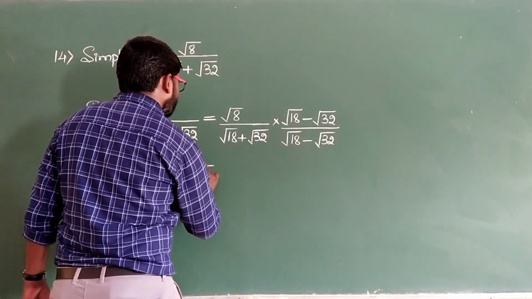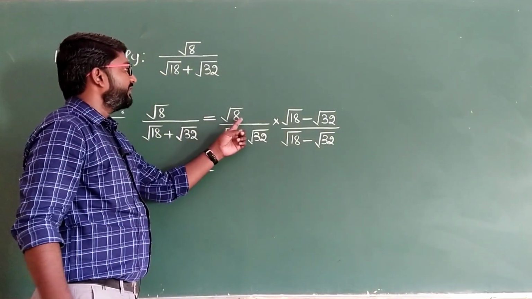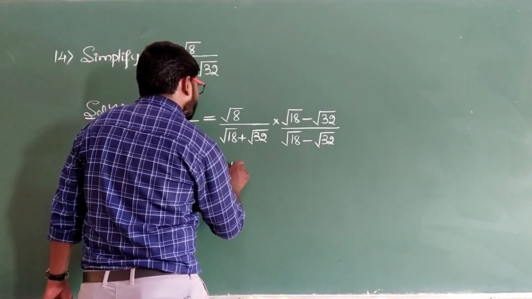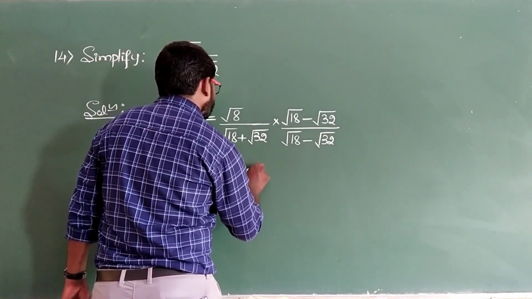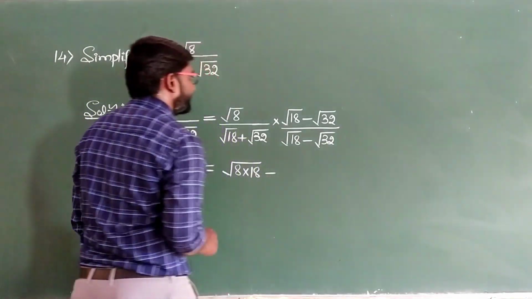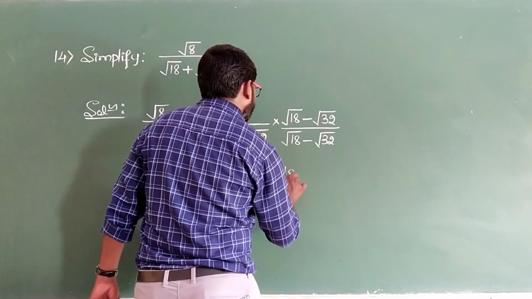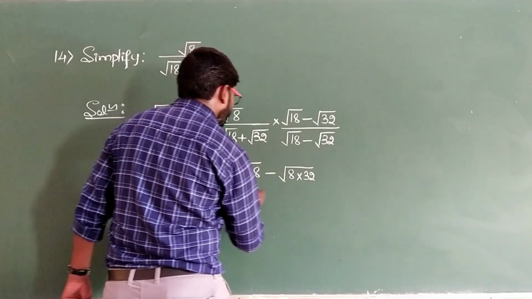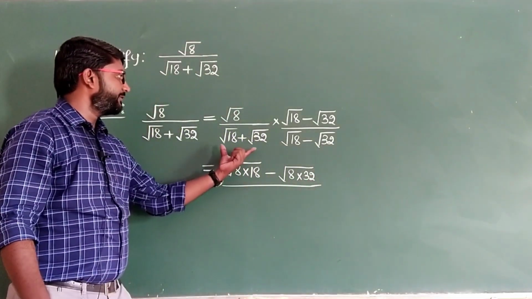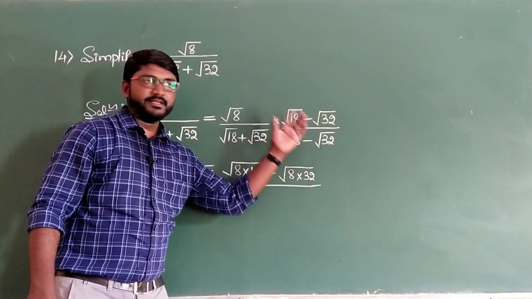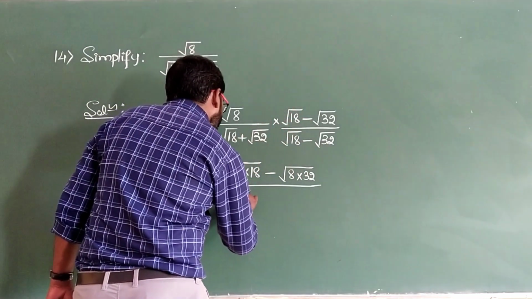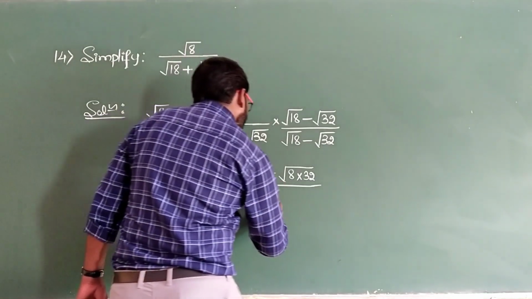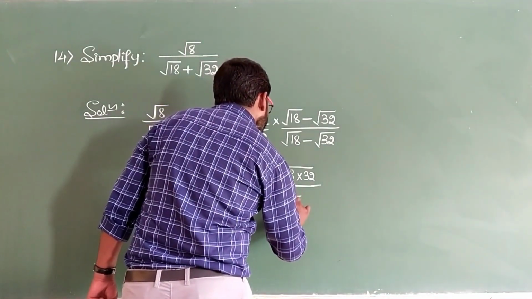So now this is equal to, so root 8 will be multiplied with these two terms. We get root 8 into 18, then minus square root of 8 into 32, then whole divided by, this is in the form of (a plus b) into (a minus b). So a square minus b square, that is root 18 the whole square minus root 32 the whole square.